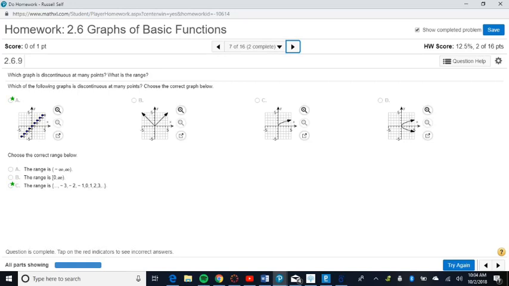Now remember, range is where the graph is as it goes from the bottom up. You see that this thing continues all the way down forever, so it starts out way down here at negative infinity, but it doesn't exist everywhere, right? It doesn't exist between these. It's only existing when you're on these lines. So in other words, it only exists where y's are actual whole numbers or integers.